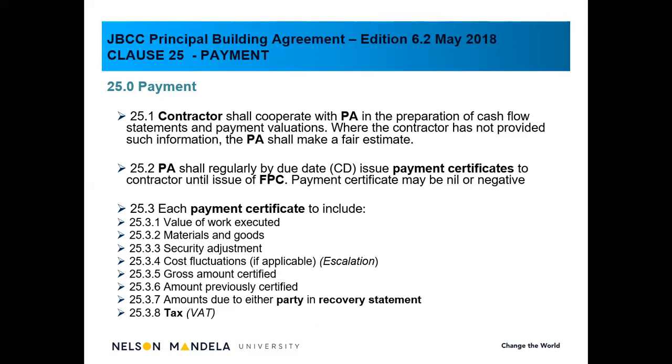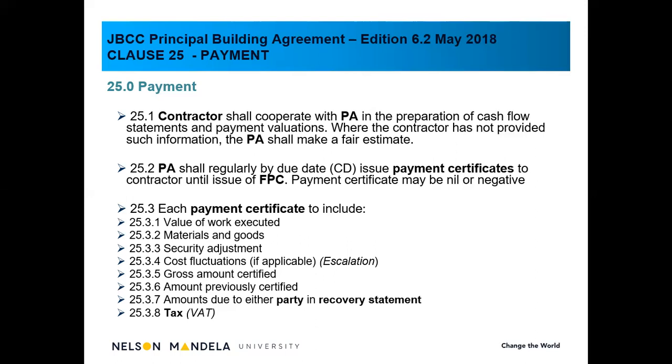It must be issued even if it's a nil or zero amount. Or negative. Now, let's hope that will never happen in your career. If it's a negative figure, it means that the contractor must refund the employer. In other words, you as a quantity surveyor have over-certified previously. So let's hope that will never happen.